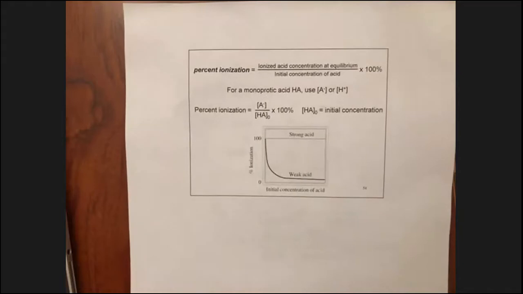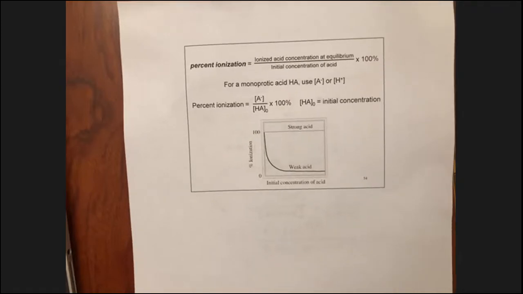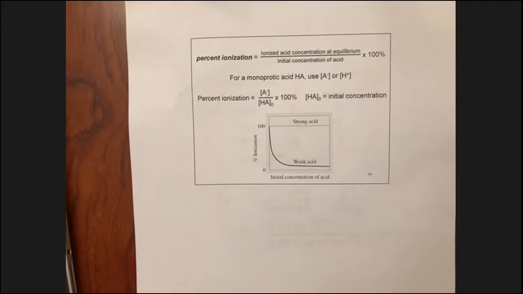Basically, it's called the percent ionization. I'm going to use the slide here. Look at the formula for percent ionization. It says, what is the ionized acid concentration at equilibrium divided by the initial concentration of acid.